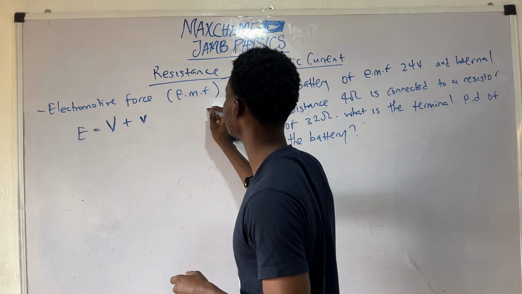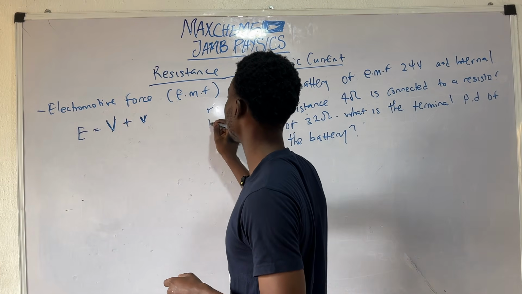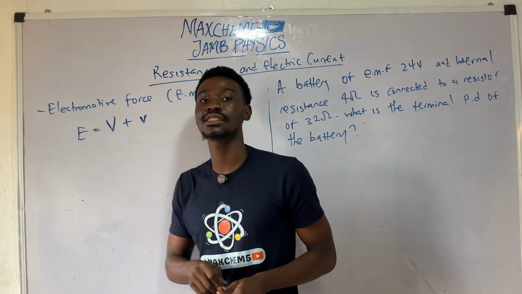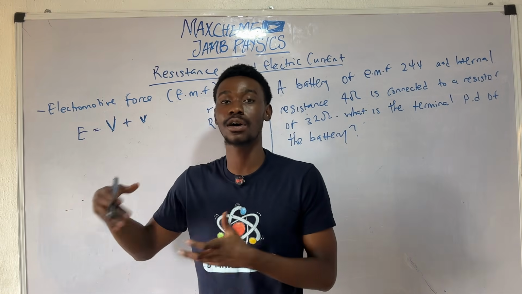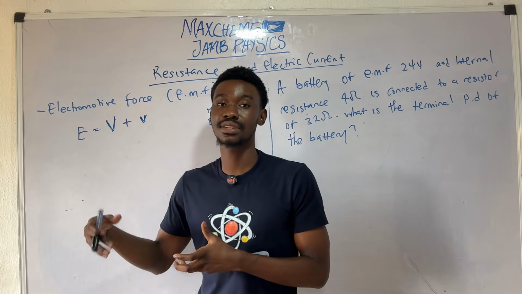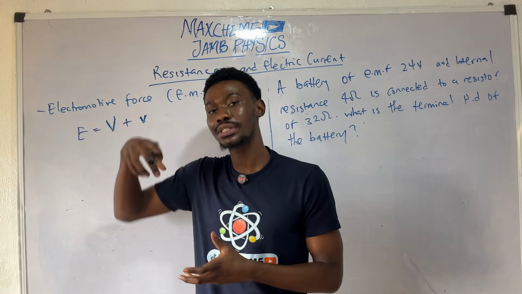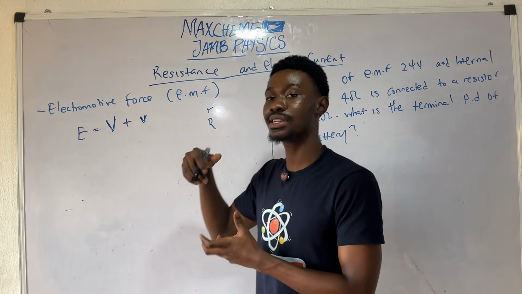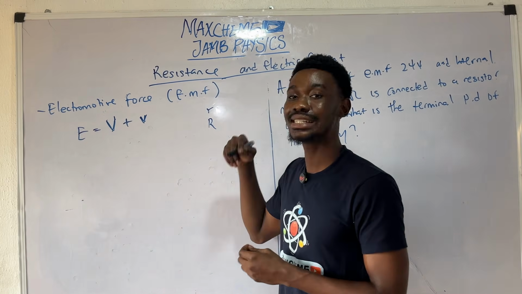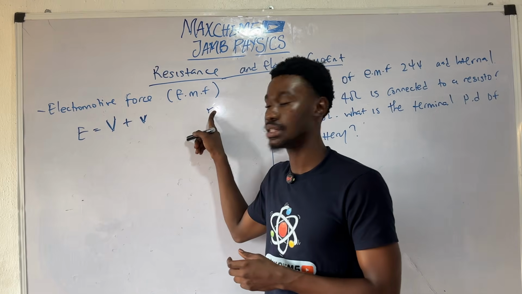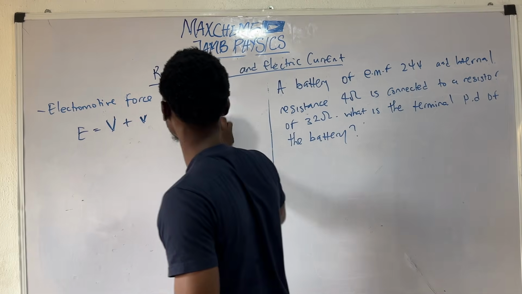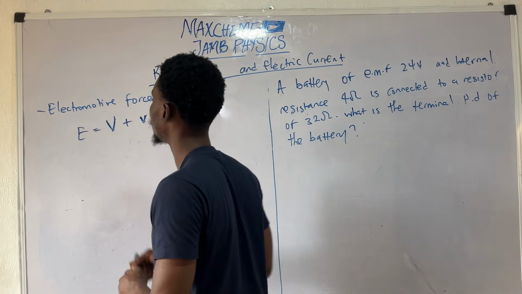The internal resistance is written as small r, and the normal resistance is written as big R. The internal resistance is just the resistance produced by the electric cell itself when it is delivering current. So the resistance of that battery or electric cell is what we call the internal resistance. The electromotive force is equal to the sum of the two voltages.